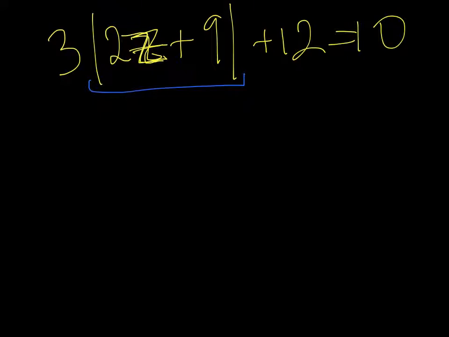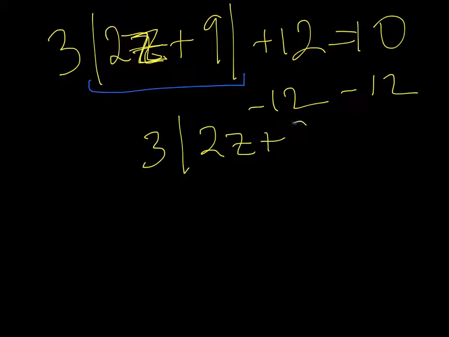Just what's inside the absolute value symbol. So minus 12, we get 3 times the absolute value of 2z plus 9. You can think of the 3 as a little coefficient out here, okay? And so this is all equal to negative 2.